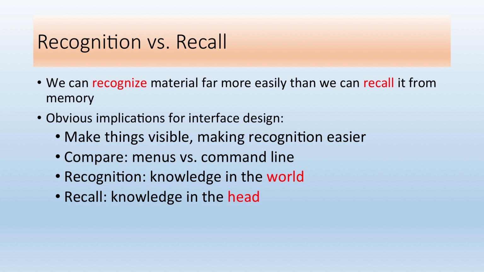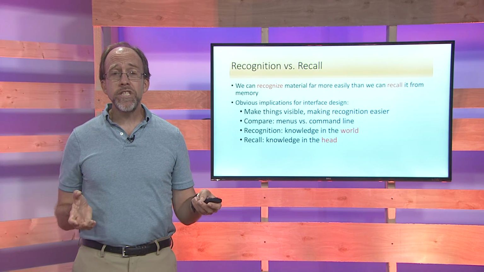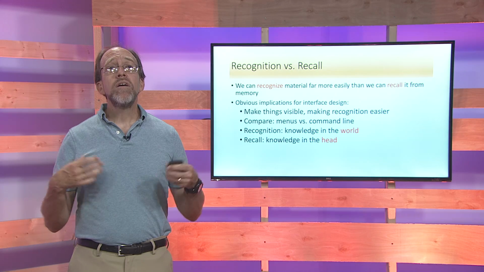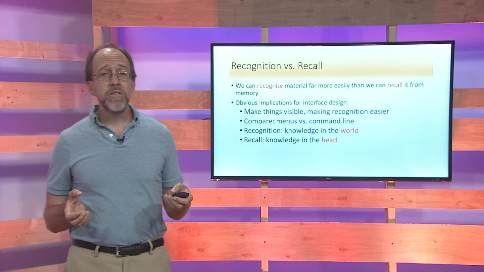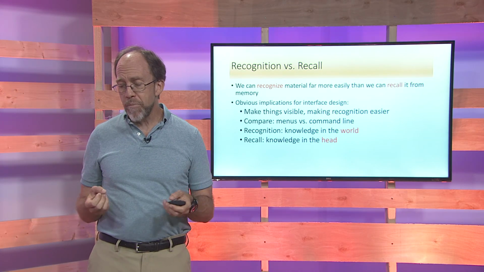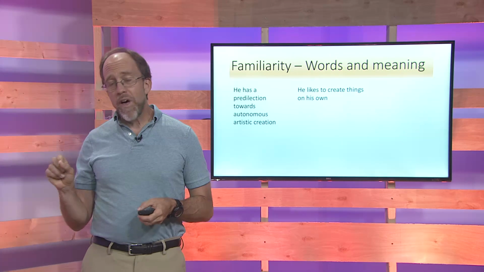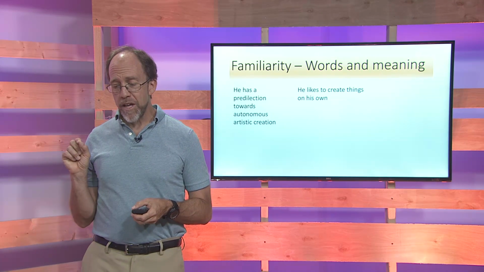Now, recognition is much, much easier for humans. To say, there is a chair. I know what a chair is, I understand it, I can see it. But to recall that chair and all the pieces and parts of that chair from memory, there's going to be gaps of the information. You don't want to make your users recall, you want to help them recognize. Also, know thy user, remember good old know thy user.